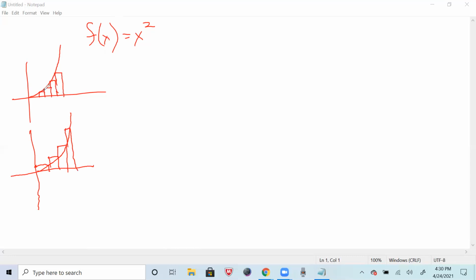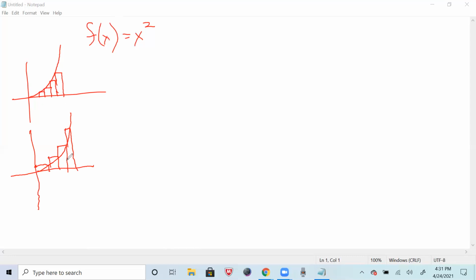You can see that because we have an increasing function, the left-hand endpoints underestimate the area, and the right-hand endpoints overestimate. If the function was going the other direction, it would be the other way around.